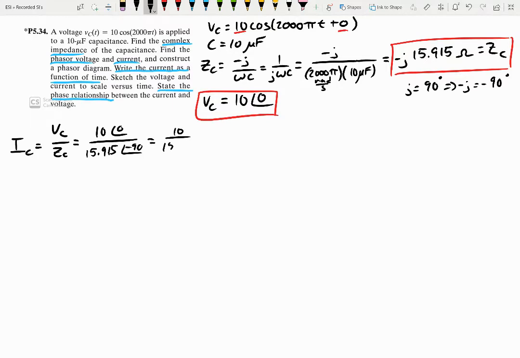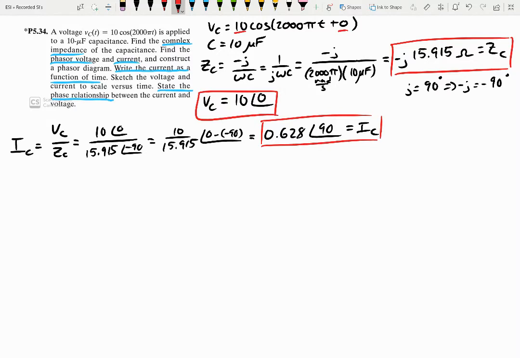So 10 divided by 15.915, and the angle is 0 minus negative 90. That'll give us 0.628 at an angle of 90. And that is our complex current right there.